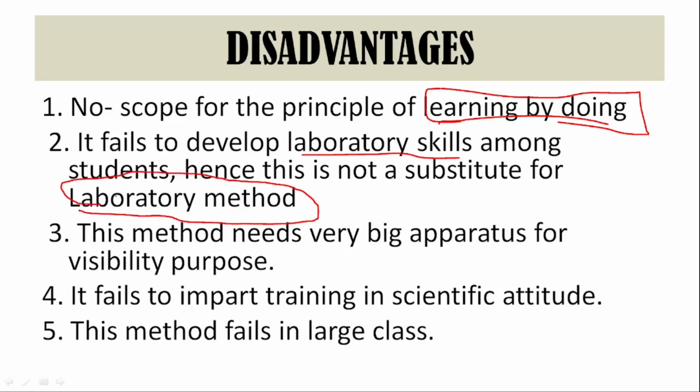How it fails laboratory skills: in this method students are not involved in doing or conducting any experiment. They are just observing what the teacher is doing in front of them. So this method fails to develop the skill of handling apparatus in students. And hence this method is not a substitute for the laboratory method.